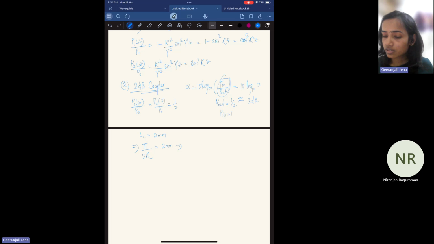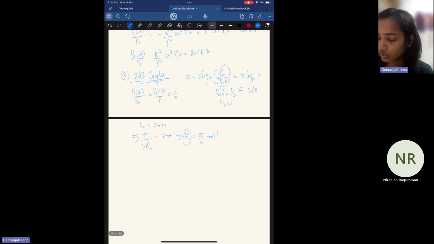So you can get kappa from here, which is pi by 4 per millimeter. We know kappa now, and the power is already given, so we can calculate the length.